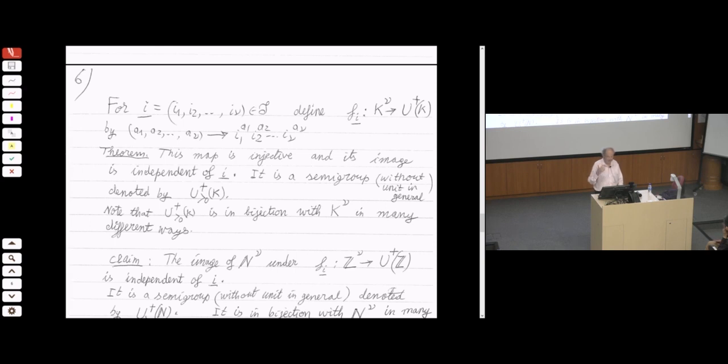But at that time I didn't know a definition of this semigroup. But in fact, this semigroup appeared for the first time in this context, which means that this canonical basis, basically, is a semigroup attached to these natural numbers.